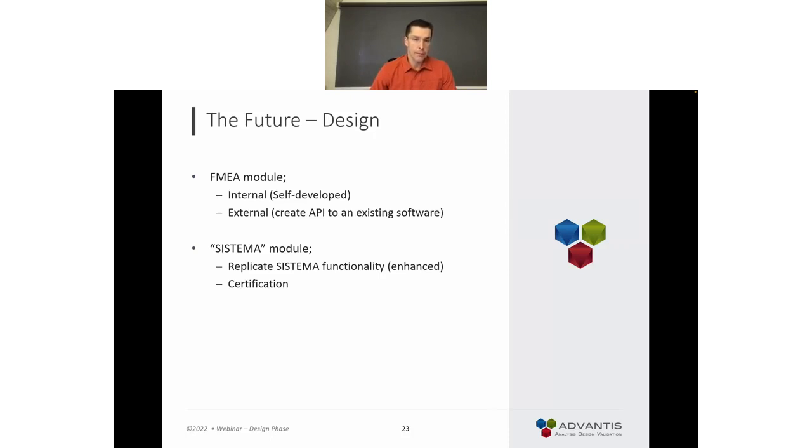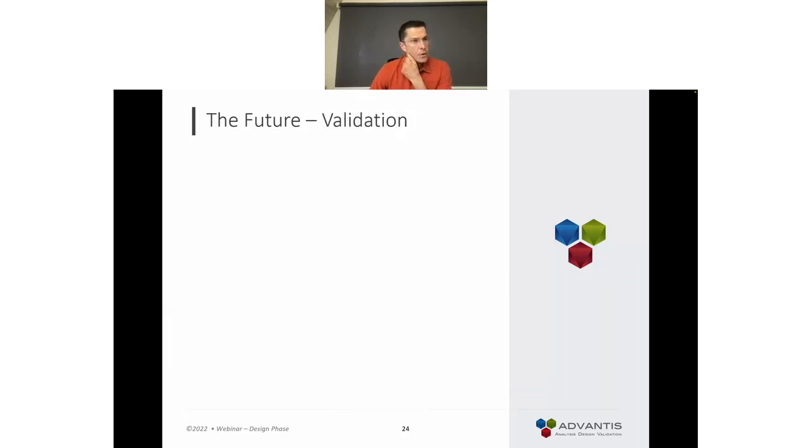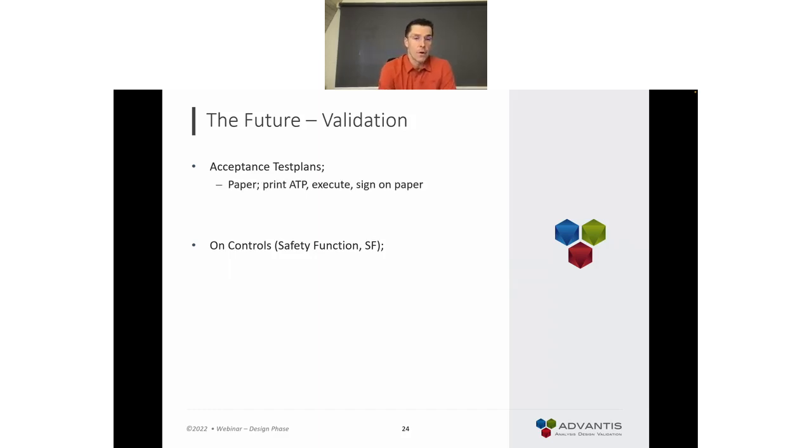So that's planned on the design side. That's our plan. We have the team working on it already. The second item, where we also started to work, sorry, something went wrong with my animation here, is acceptance test plans, where you can create your acceptance test plans.